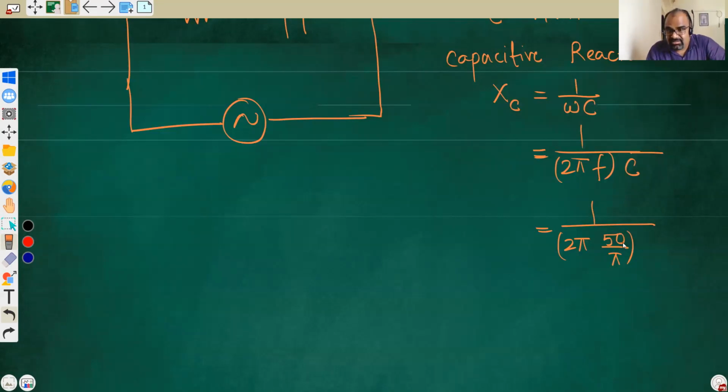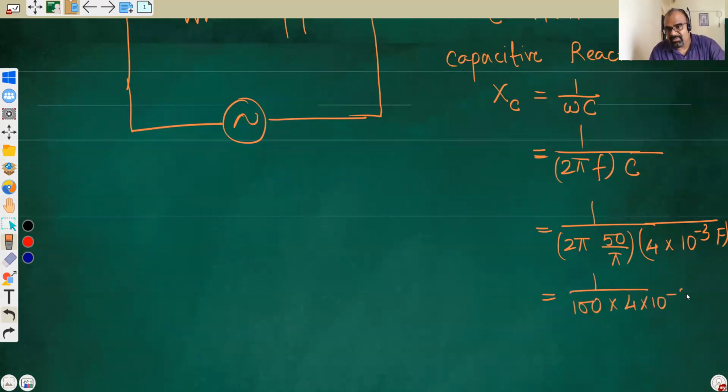But here it is given to be 50 by pi hertz because that will make our calculation a little easier. And then capacitance is 4 into 10 to the power minus 3 farad, 4 millifarad. So this will get cancelled, and then you'll have 1 by 100 into 4 into 10 to the power minus 3.